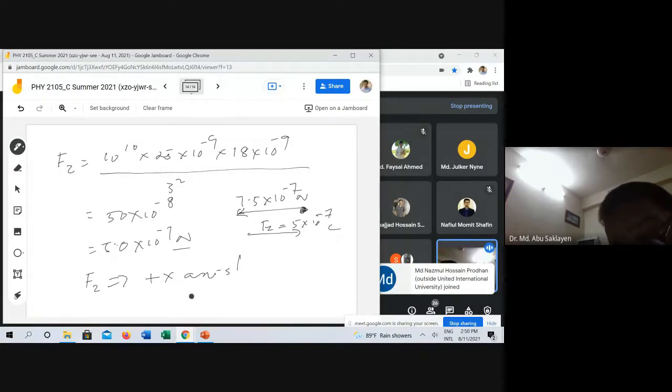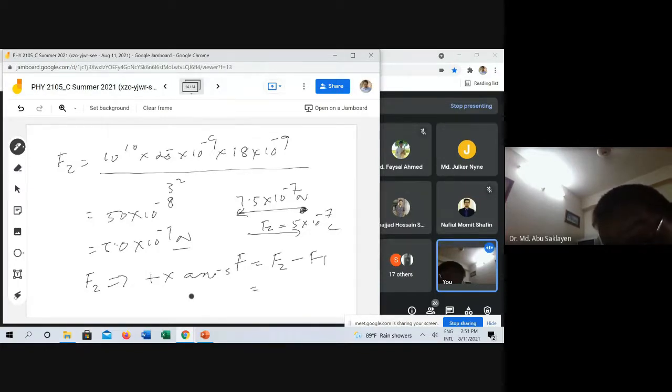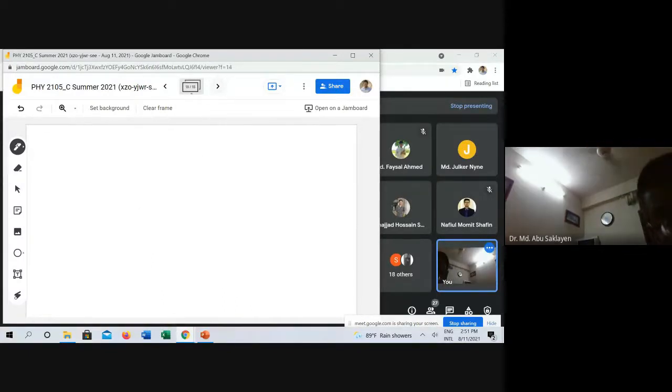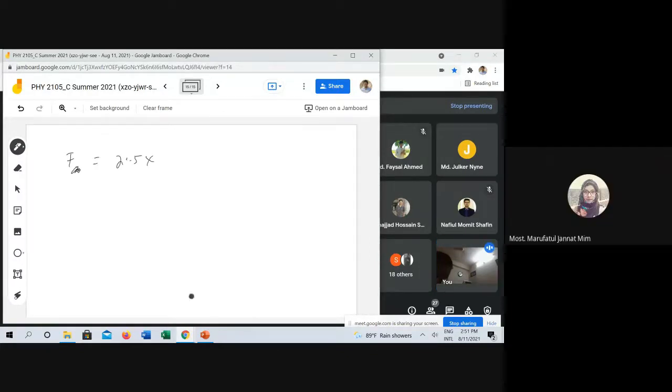So what will be the resultant? F equal to 7.5 into 10 to the power minus 7 minus 5 into 10 to the power minus 7. So the result will be 2.5 into 10 to the power minus 7 Newton.